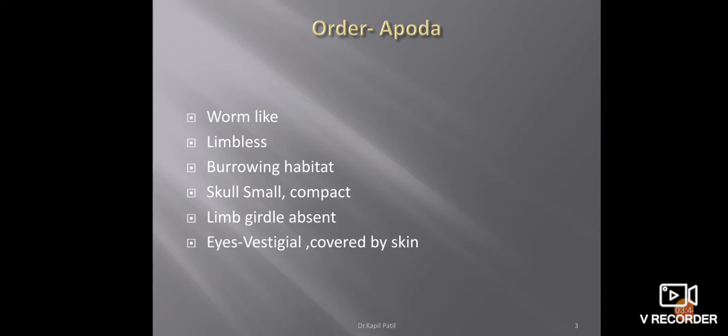Their skull is very compact, and the limb girdle is absent in Apoda, in Ichthyophis. These animals prefer to live in dark areas, so their eyes are vestigial or covered by skin.